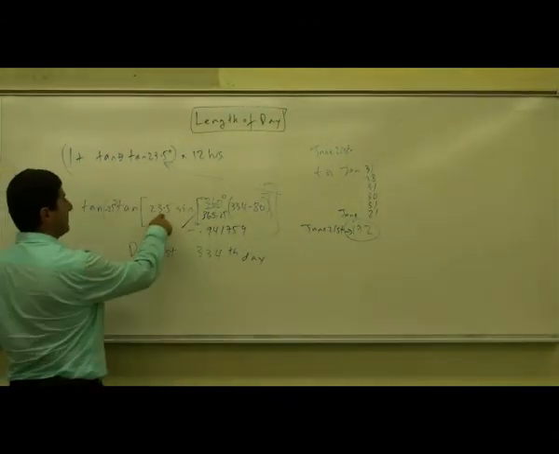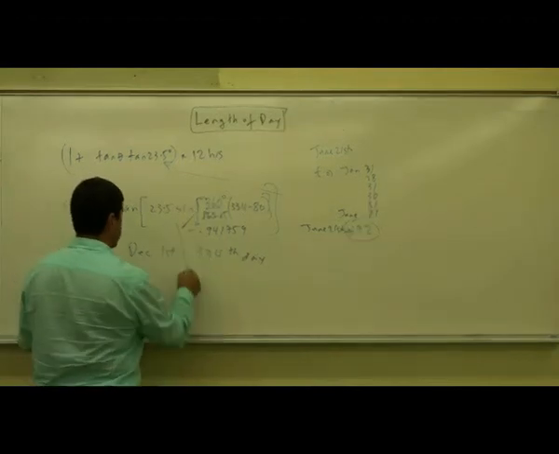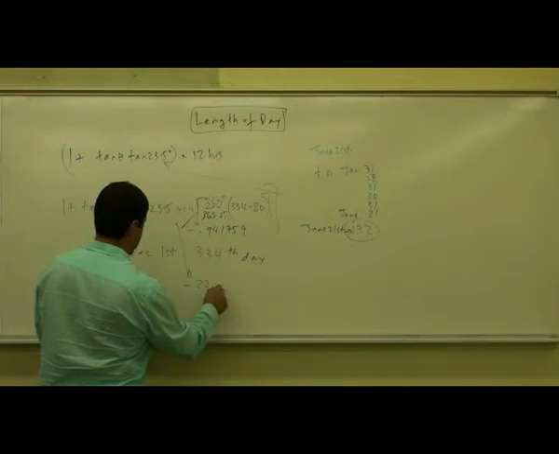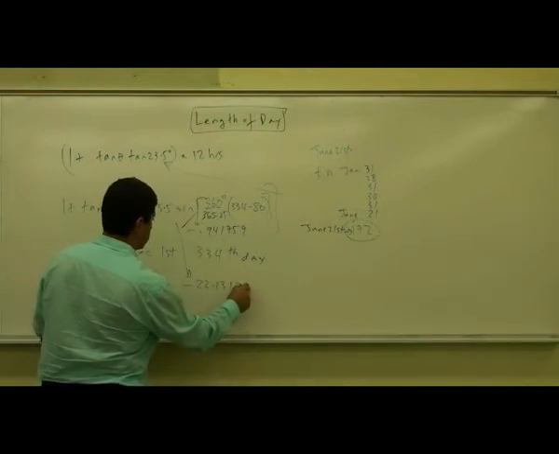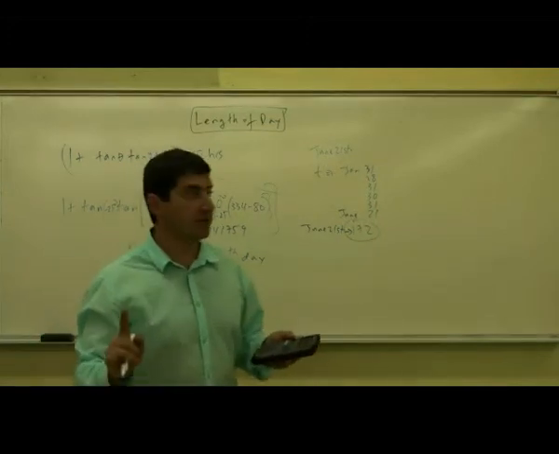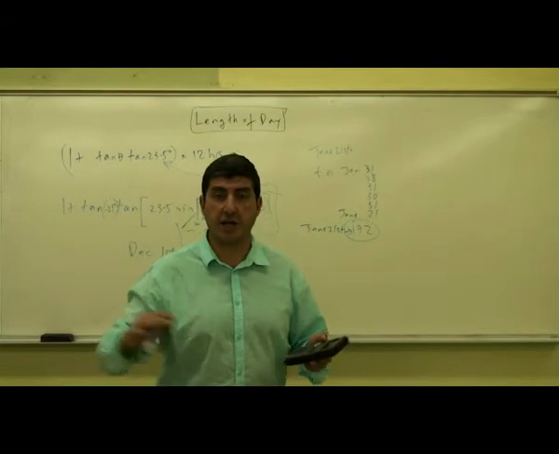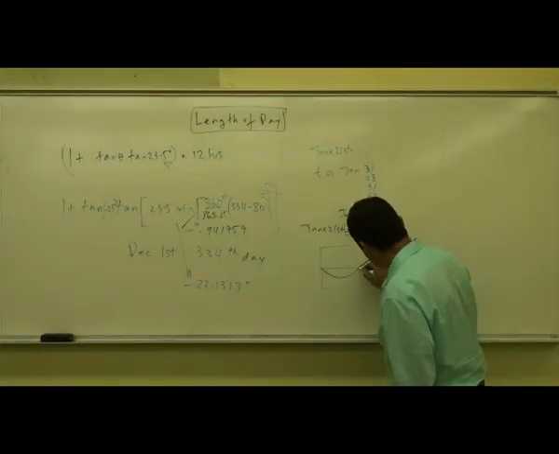Then if you multiply that by 23.5, you're getting negative 22.1313 degrees. Now what is that? That's giving us the declination angle of the sun on that day, December 1st. Remember, it's gone up in June and then September.